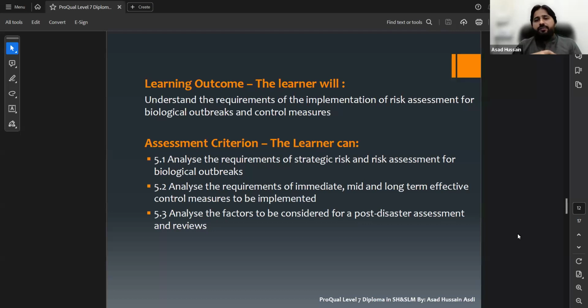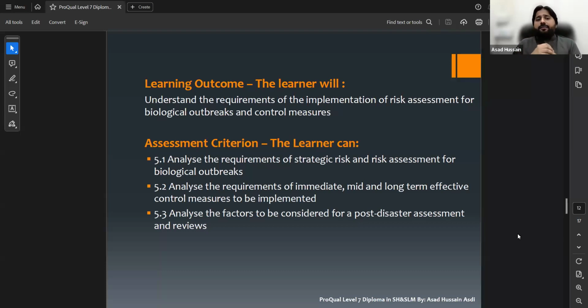Along with that, for proper control, mid and long term effective control may have to be implemented. So if some type of biological outbreaks are there, you should have immediate, mid, and long-term effective control measures, or a control plan for them.